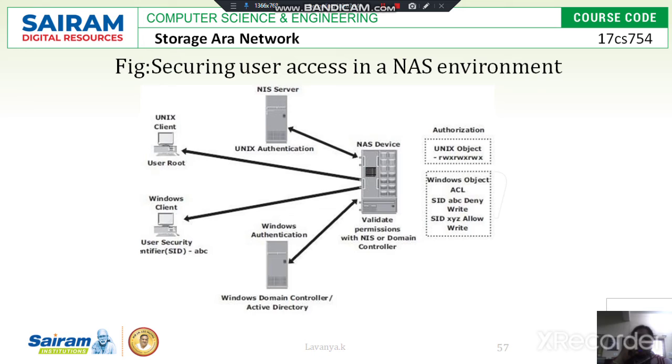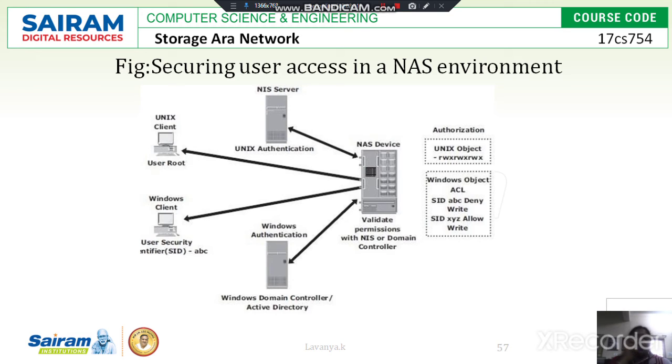The same thing happens with the Windows client. A client in the Windows environment accessing the data inside the NAS device should be a valid client with valid permissions. These valid permissions are monitored and maintained by the Windows domain controller, or it may be a workstation, or Active Directory.